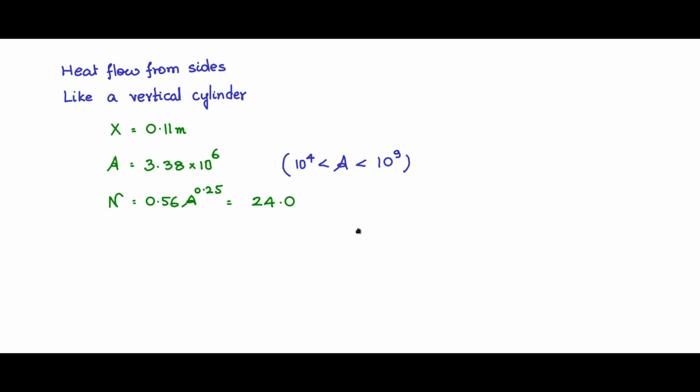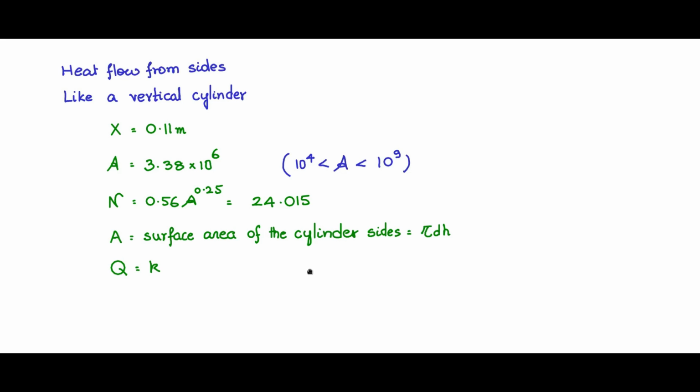Substituting the Rayleigh number value, you get the value of the Nusselt number as 24.015. The area of the side cylindrical surface, the area of the cylinder on the sides, is pi d h, or 2 pi r into h.